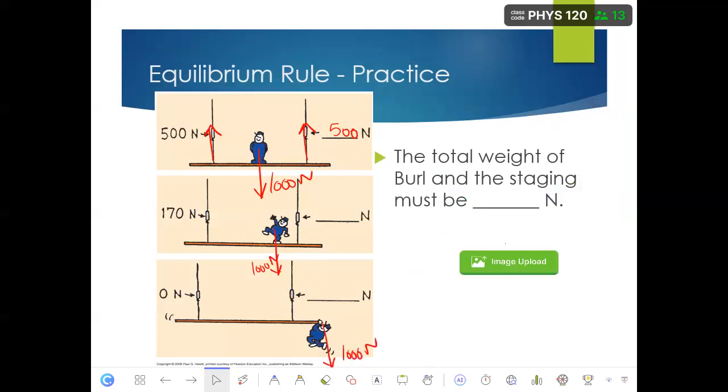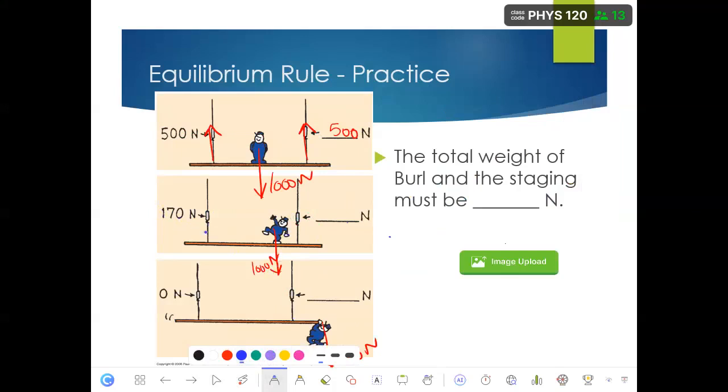1000 Newton. Good. So I am supposed to find the tension force exerted here. What is going to be the tension force? If this is 170 and this is 1000, if I add all forces, it should be 0.